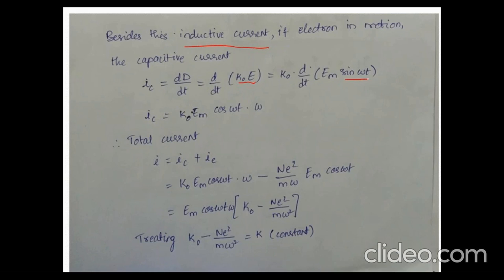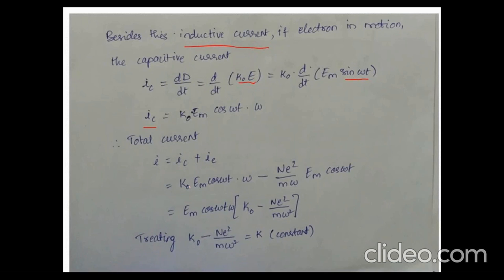The derivative of sin omega t is cos omega t into omega, and Em is constant. Therefore Ic becomes K naught Em cos omega t into omega. The total current covers both when electrons are in motion and when they are not. This current Ic is when electrons are not moving, and Ie is when electrons are moving.